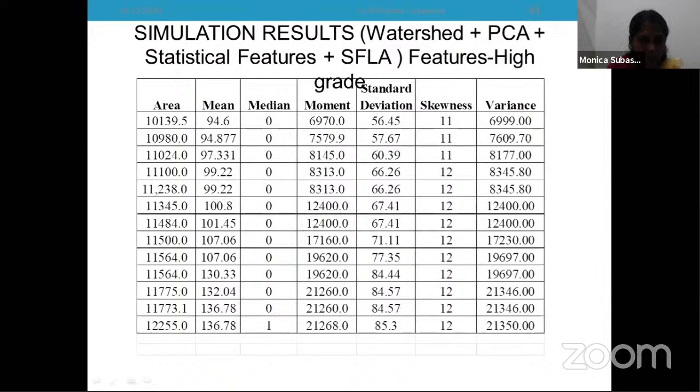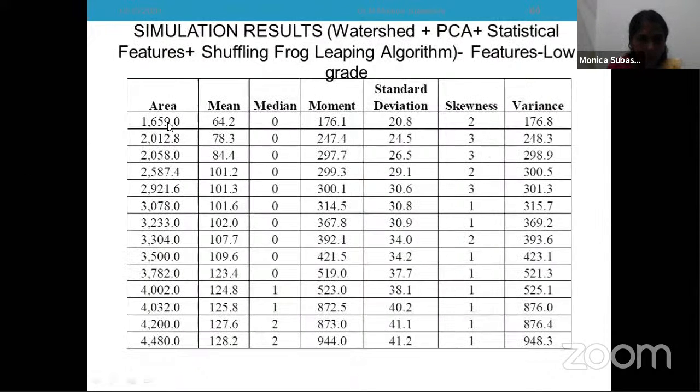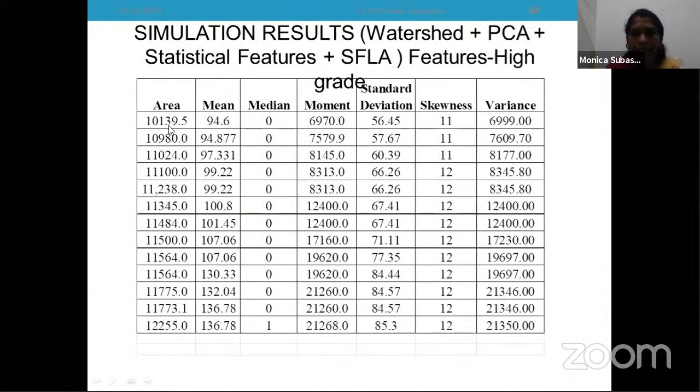Considering a few samples, starting from 1,659 to 4,480, this was the range of low grade tumor white pixels. But in high grade, I saw it was starting from 10,000 to 12,000.